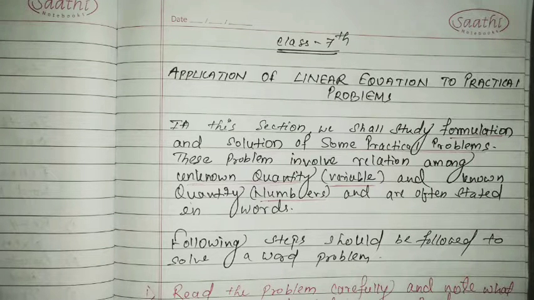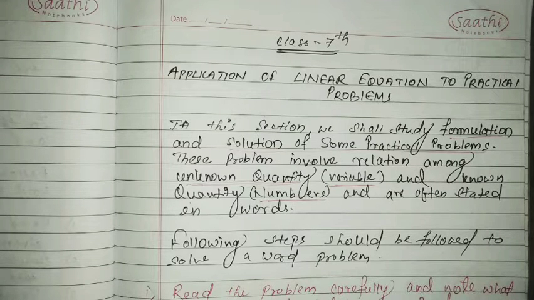So we have to find the unknown quantity, that is the variable, with the help of the known quantity that is given.